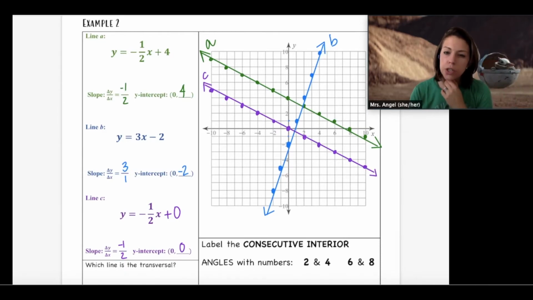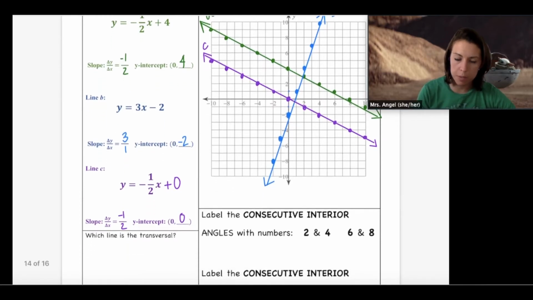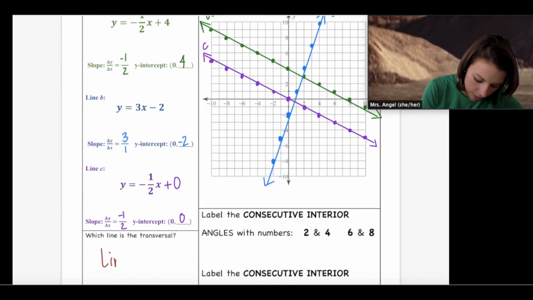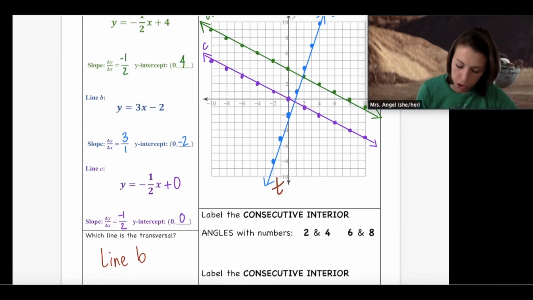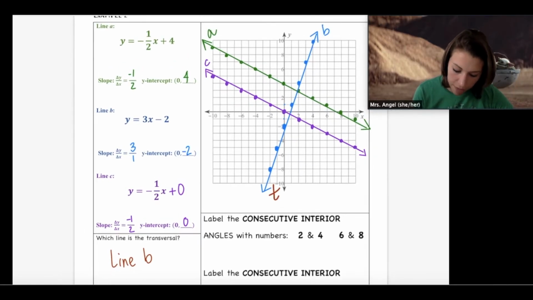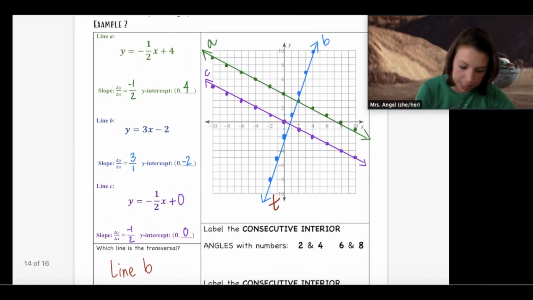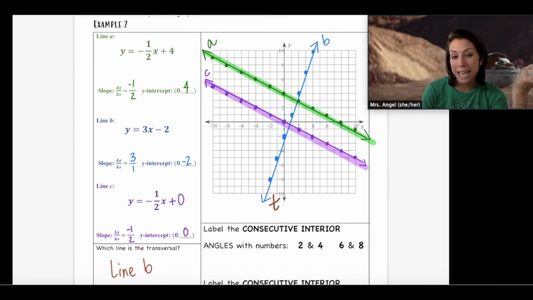Okay, so which line is our transversal? Which of the lines is cutting through the river? That appears to be line B. So we're going to now go ahead and label this T for transversal. And then do we have any parallel lines? Well, let's see. The only 2 lines that have the potential to be parallel are lines A and C. And remember, parallel lines have the same slope.